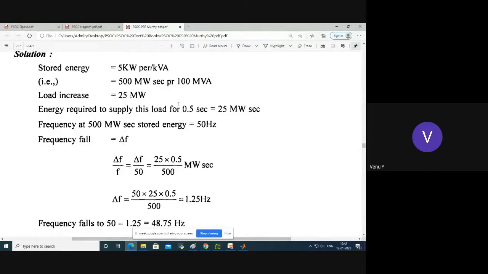Energy required to supply this load is 25 megawatt second. Now let us solve this problem. Frequency at 500 megawatts, 500 megawatts is 50 hertz, isn't it?